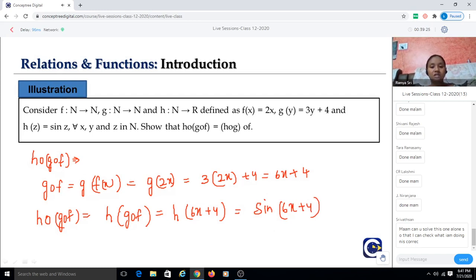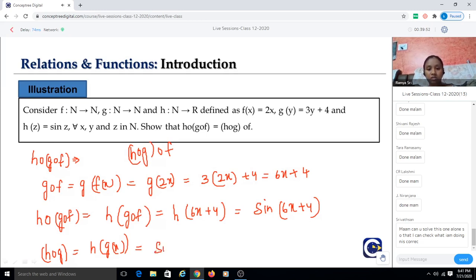So typically let's just find out our RHS term, h of g of f. So first we have to find our h of g. That means h of g of x. So what is our g of x? So here it will be g of y. So we can substitute 3y plus 4 in terms of our z.